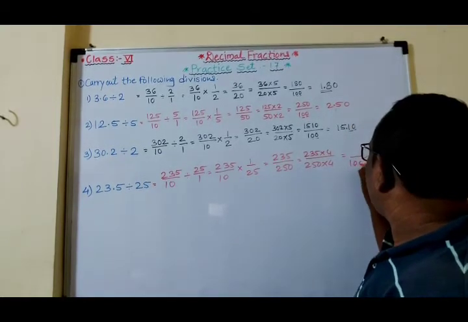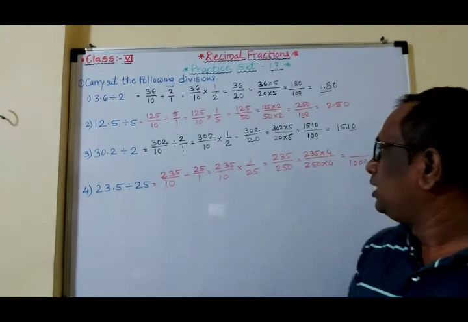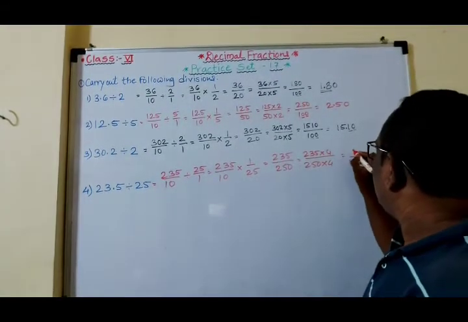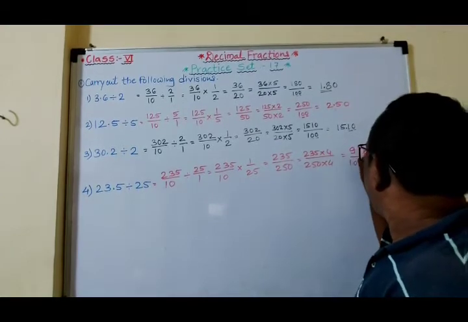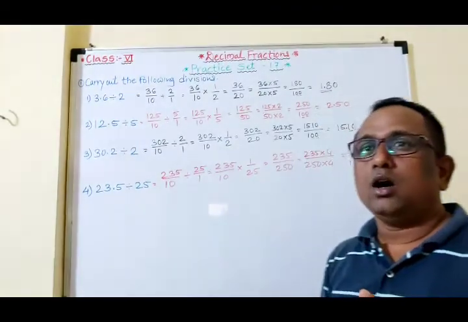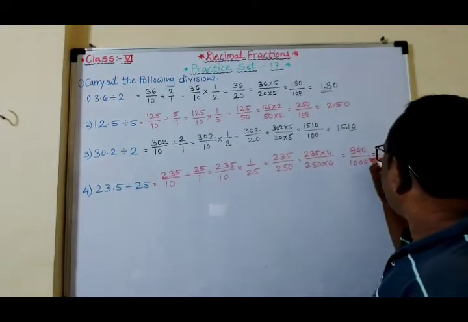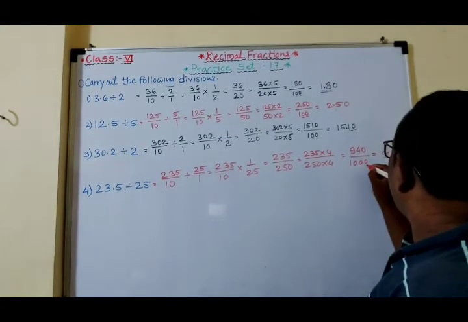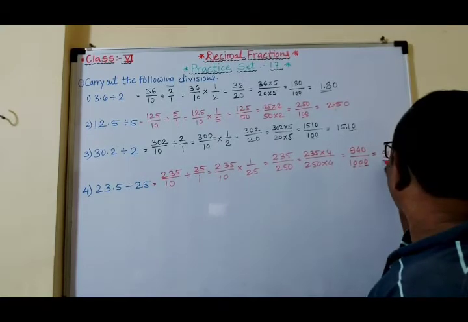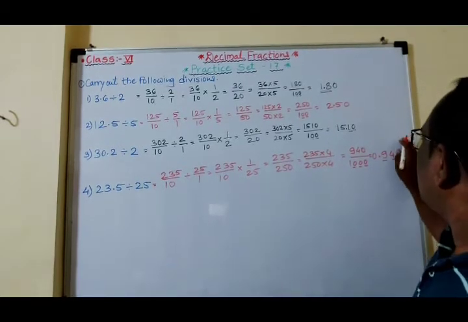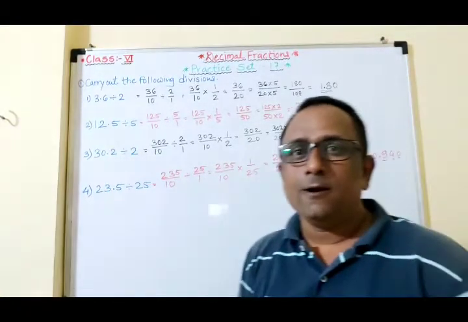So here we got the denominator 1000, and 235 multiplied by 4 is 940. Okay, now we got the fraction 940 upon 1000. Here we have to convert this into decimal form. So write the 940. There are 3 zeros, so 3 digits you have to move, and give the decimal point. Here, if you give 0, then 0.94 is the answer.